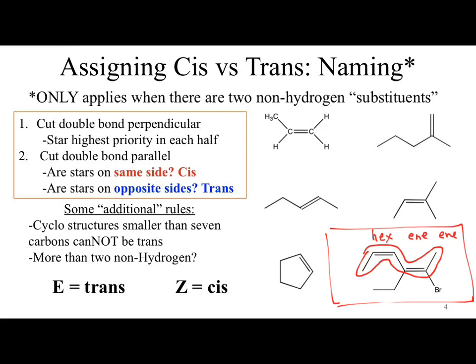So what do we do instead? We'll go to di, just like we would have done with methyl groups. When we named, none of these had multiple methyls. But when we had other structures where we had multiple methyl groups, we would go dimethyl, trimethyl, tetramethyl, all that fun stuff. We're doing the same thing here. We now need to specify that there's 2 double bonds, so we'll call it a diene.